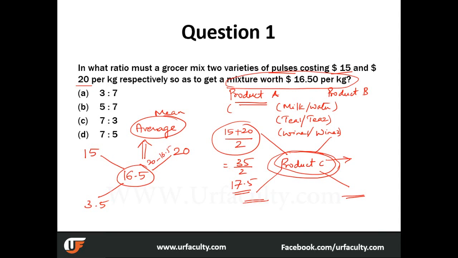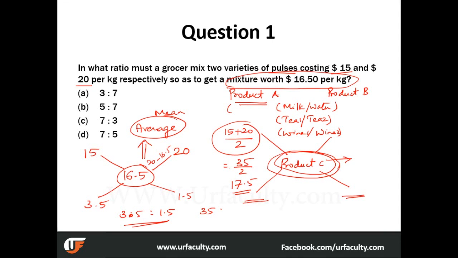So it is away from this particular product by 3.5. And it is away from this product by how much? 1.5. 15 minus 16.5. Don't worry about the minus sign here. So this is away by 1.5 and that is away by 3.5, and hence you can straight away say that they are in the ratio of 3.5 is to 1.5. And what is 3.5 is to 1.5?